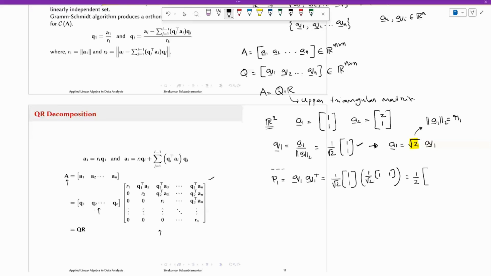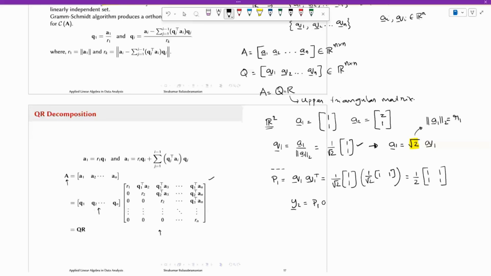I'm not good at lip reading, so you will have to be louder. Okay, all right. What do we do next? We find what we called Y2, right? The orthogonal projection of A2 onto the subspace spanned by Q1. That will simply be P1 A2. Tell me what that will be.